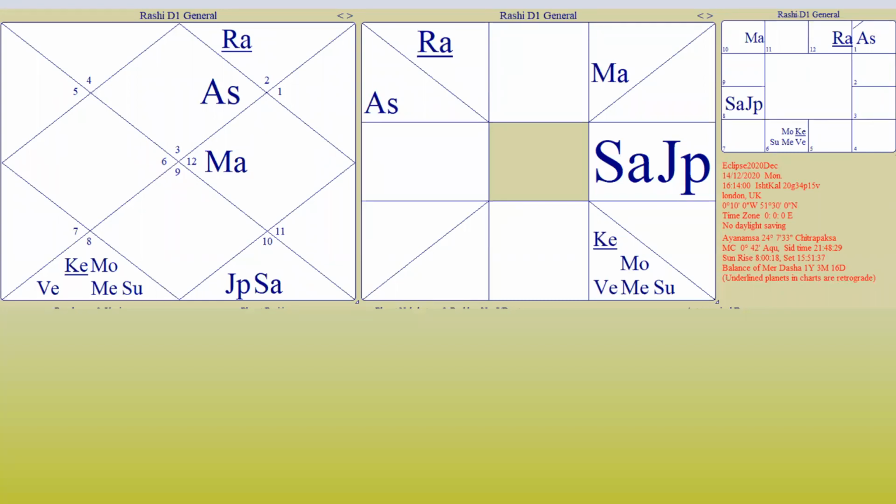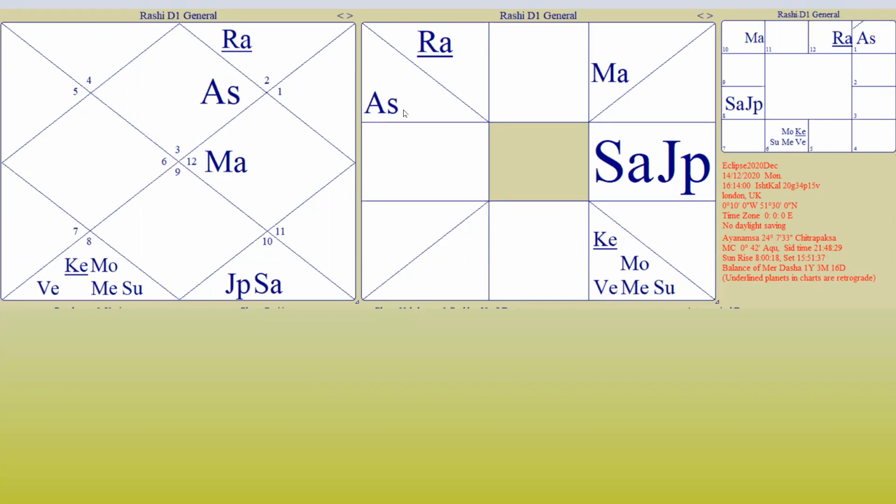It's denoted by the line underneath. So it's interesting that on the 14 December eclipse, all the planets are direct. Pretty amazing, really interesting. That's something for you to think about.